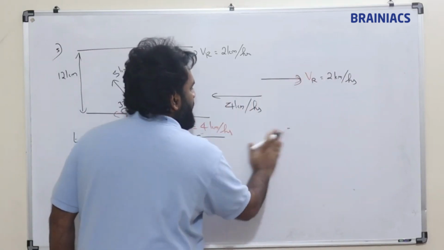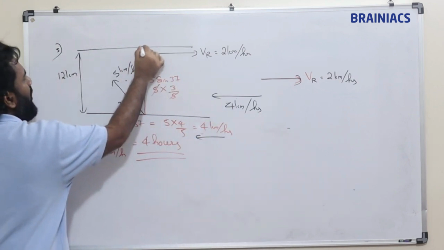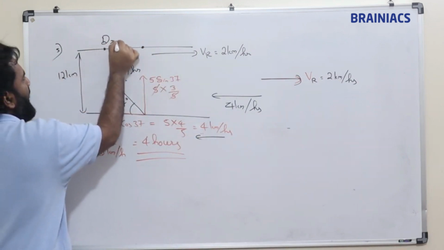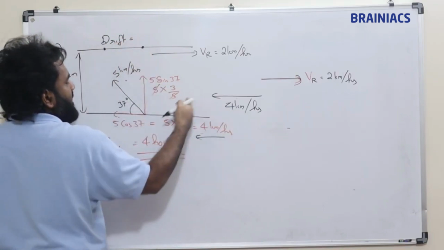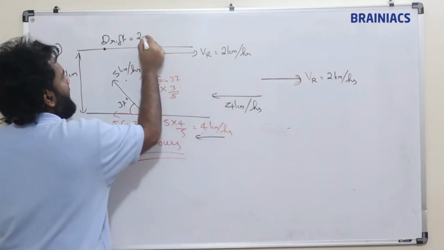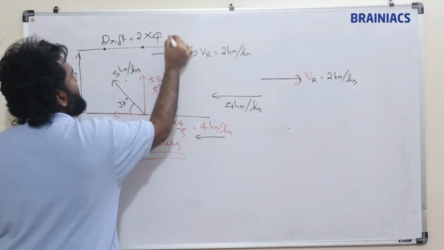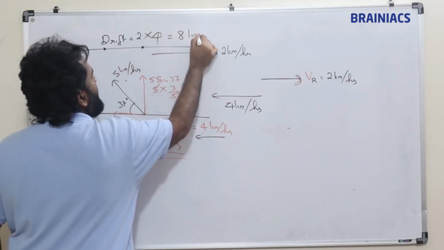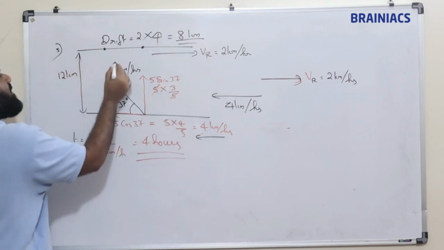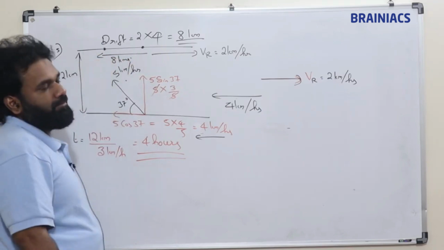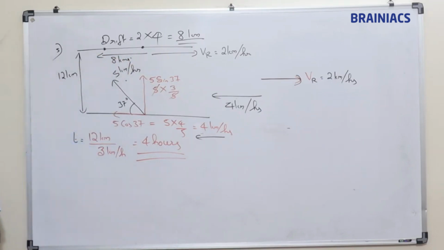So to find the drift, obviously the drift will be towards this side. The net is 2 km, and into how many hours is it taking? 4 hours it is taking. So 8 kilometers drift will be there towards this direction. Okay, that is the answer for drift.